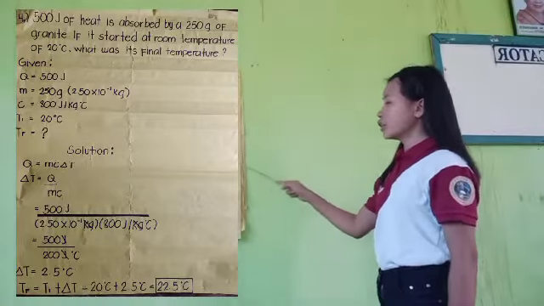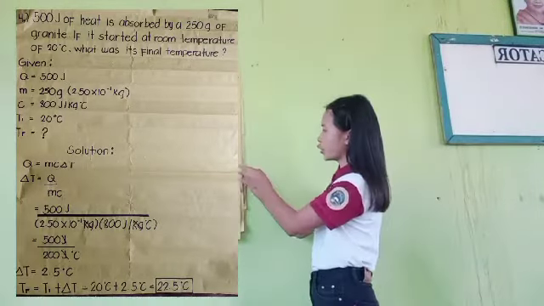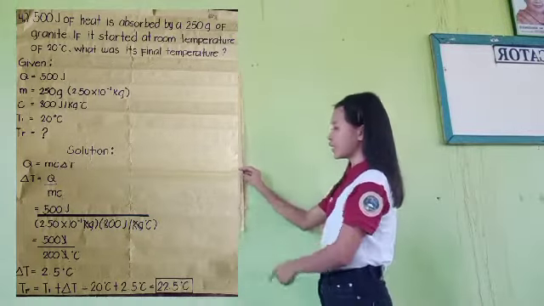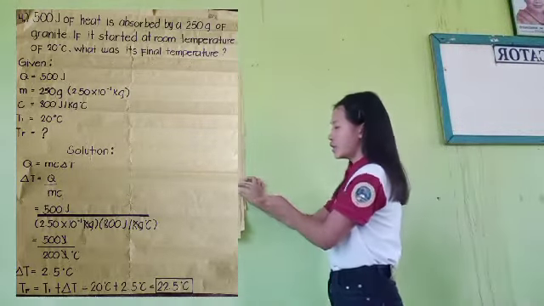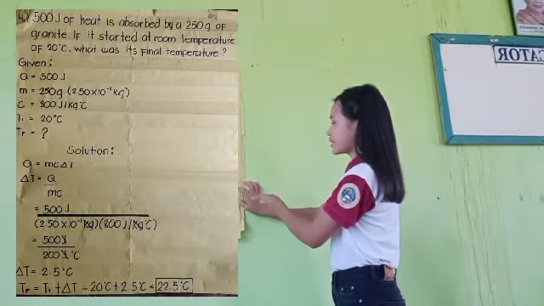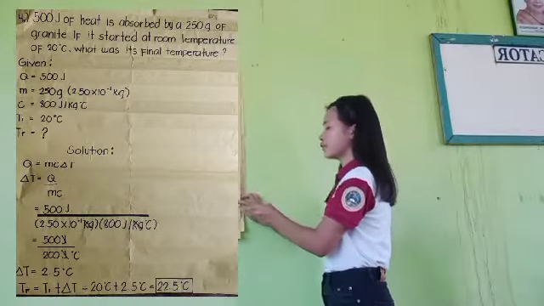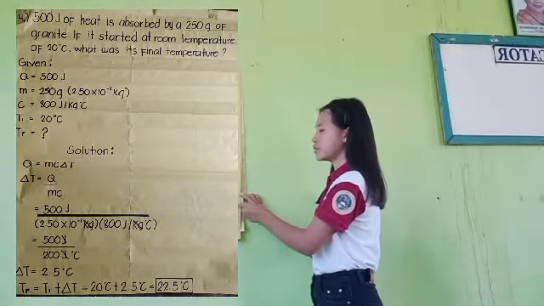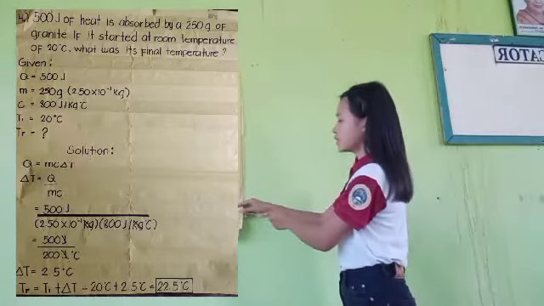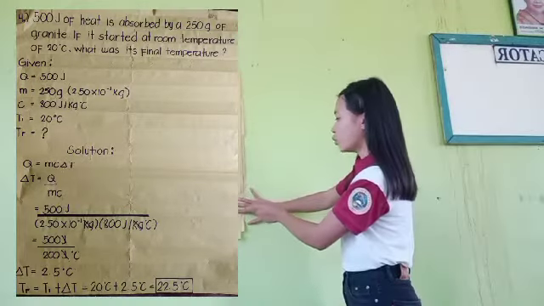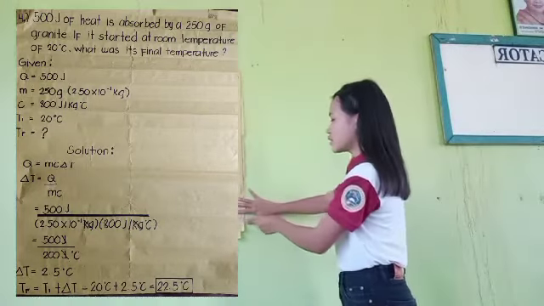Solution. Q equals mc delta T. So to look for the final temperature, let us have delta T equals Q over mc. Substitute Q equals 500 joules over m, 2.50 times 10 to the power of negative 1 kilograms times c, 800 joules per kilogram degree Celsius. 2.50 times 10 to the power of negative 1 times 800 is 200 joules per degree Celsius.